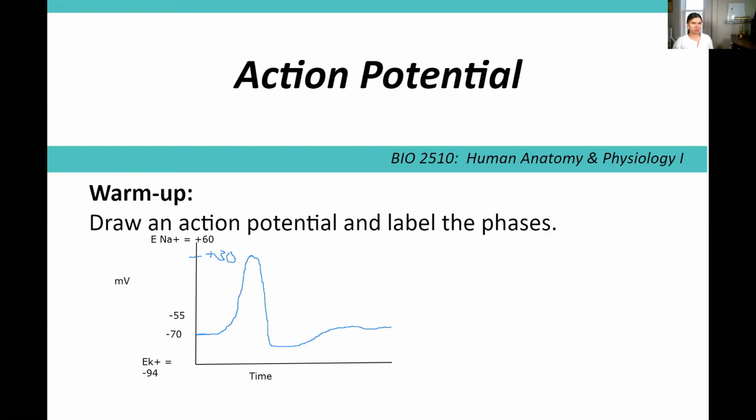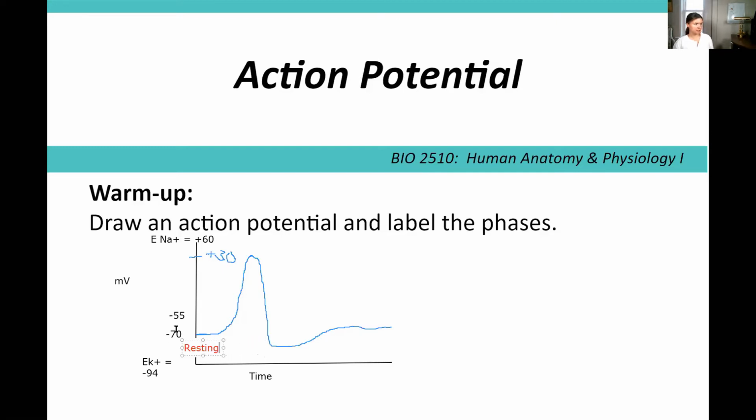Okay, so this is what the curve that you drew should look like. And now let's talk about the labels. We have names for each of these phases. We started out with our rest, right? So our resting phase would be here at the beginning.